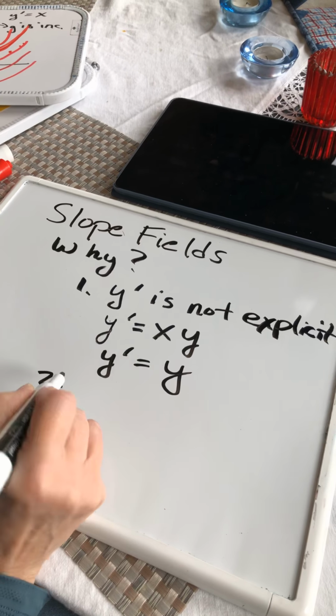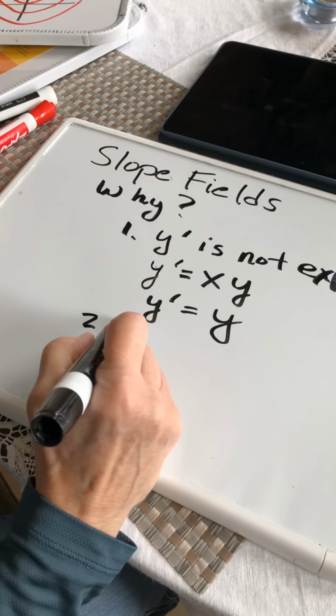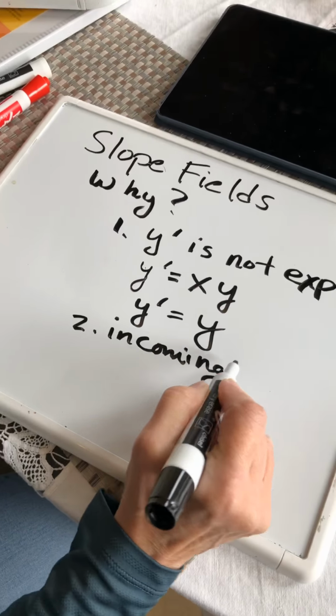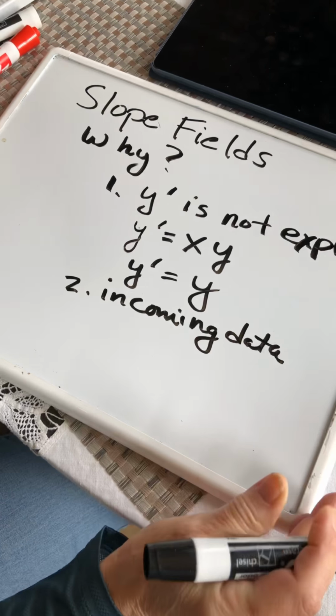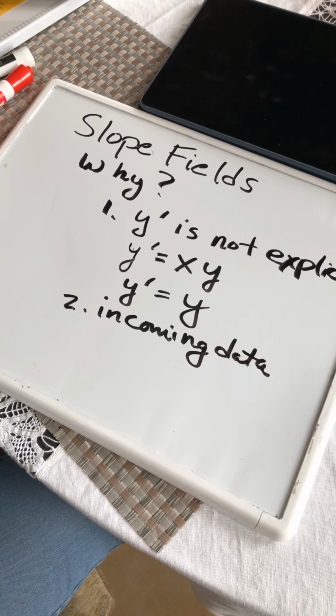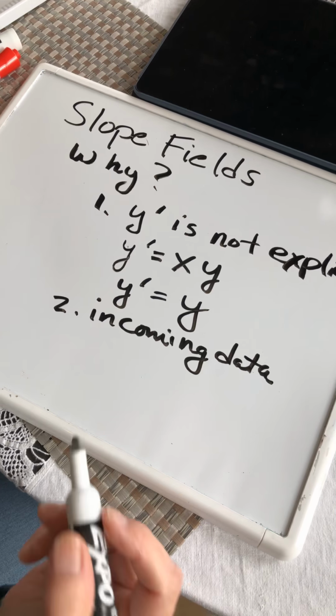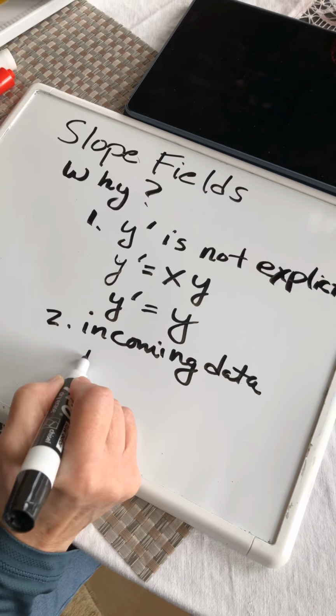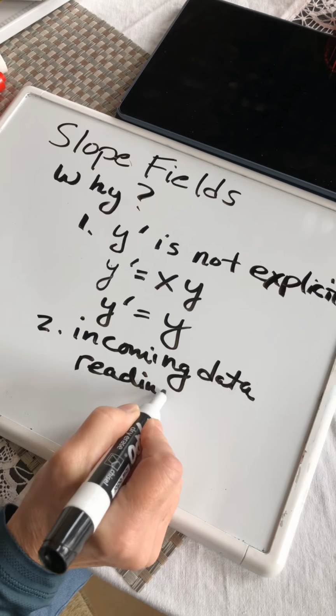And another reason is because you might have incoming data. And so instead of having y as a function, you just have data points for y prime. So you might say you're reading a meter of some sort.